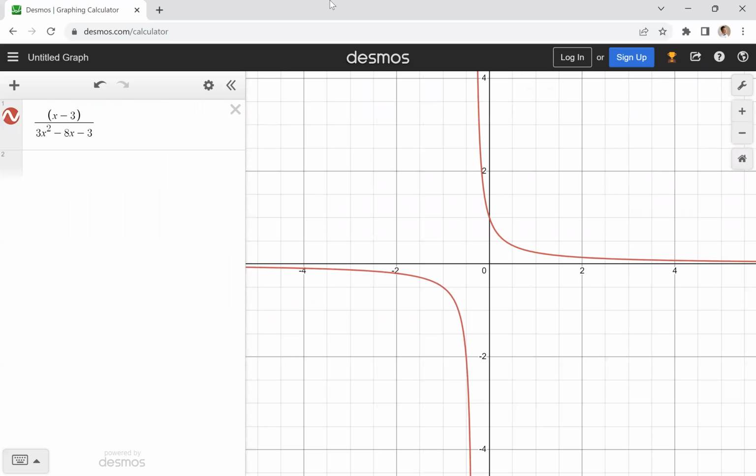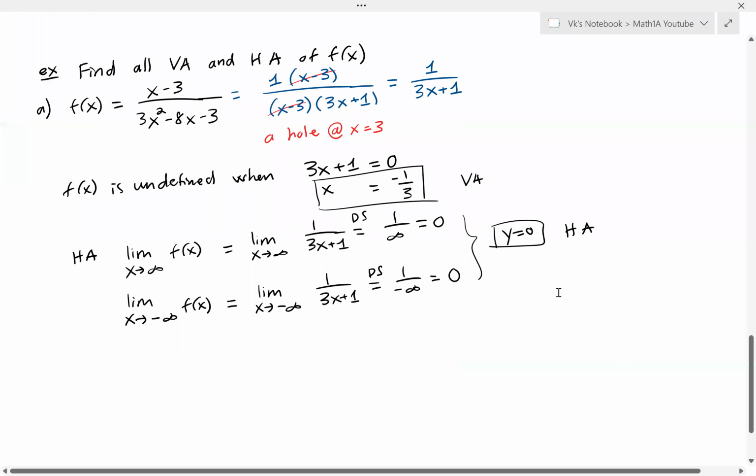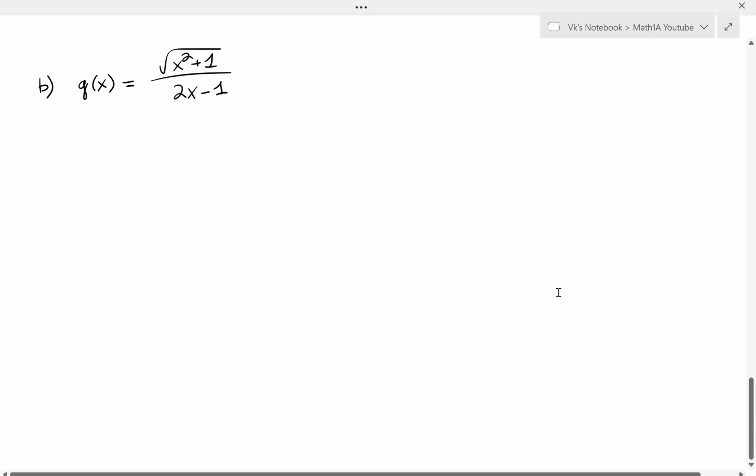As you can see, we will have a vertical asymptote right there. And we also have a horizontal asymptote. Pretty cool. Let's get back to the example and do another one. Here comes the second example.